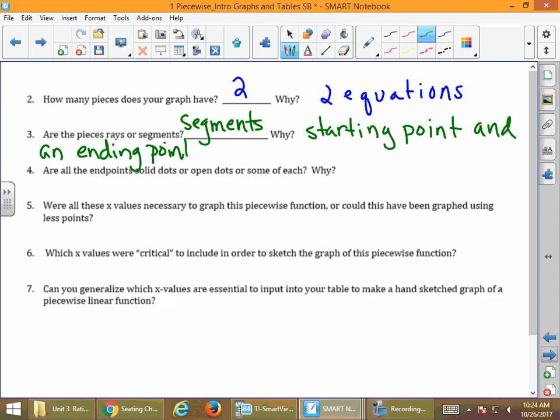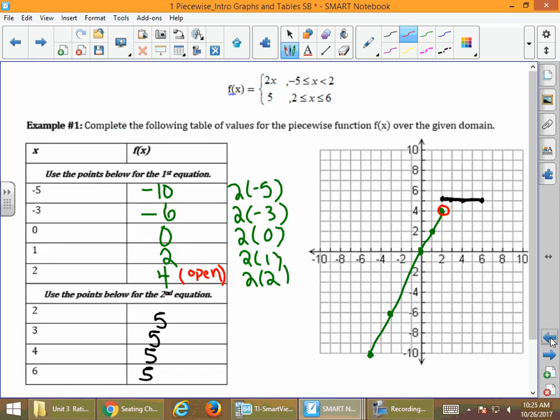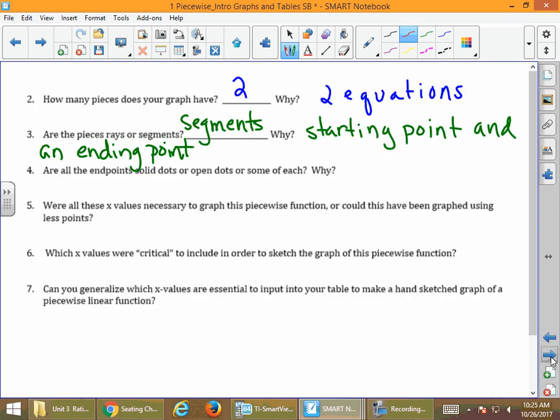That is not a complete sentence, by the way. But I want to keep this short. Are all the points solid dots or open dots or some of each? Well, we've got everything graphed, and as we flip back and we look at it, it's some of each.